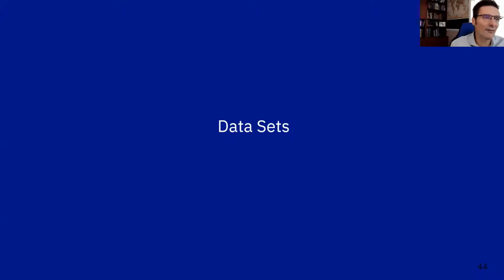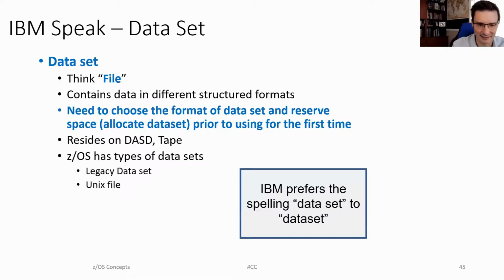So we have one or more volumes, one or more DASD devices, where we can store files. In z/OS, we generally call files data sets. A data set is really nothing more than a file. The difference from a traditional file on Windows or Linux is that there are many different types in different formats on z/OS.